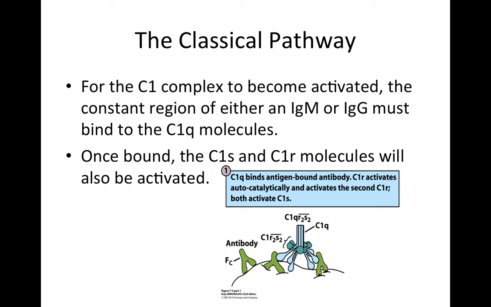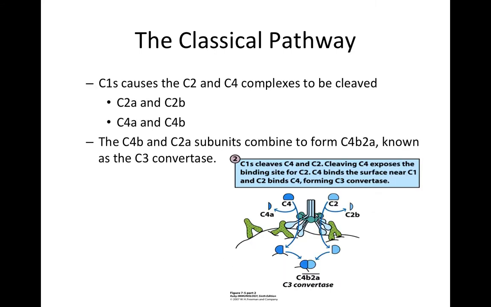When that antibody binds, it produces a conformational change, which results in the activation of C1r and C1s. C1s is actually a serine protease, meaning it will go on and activate other proteins by cleaving them.